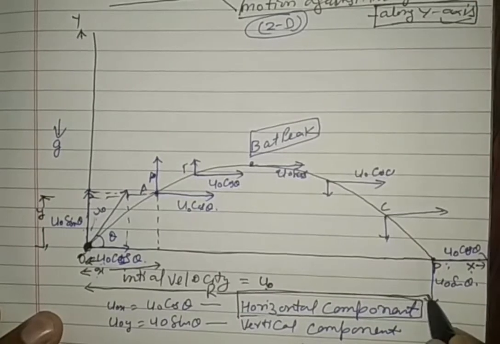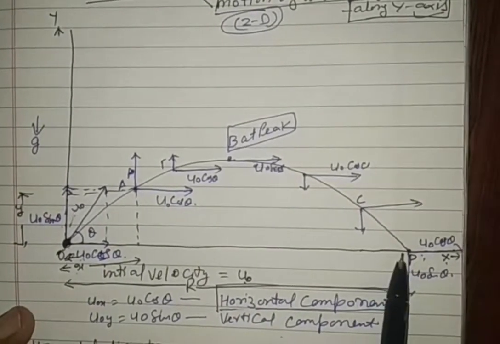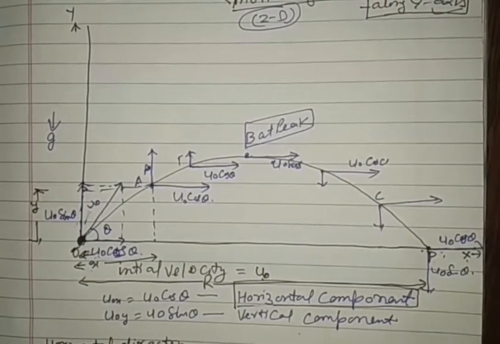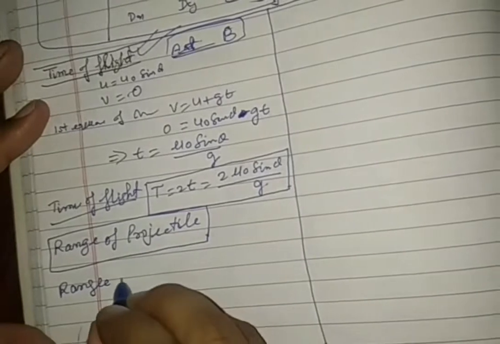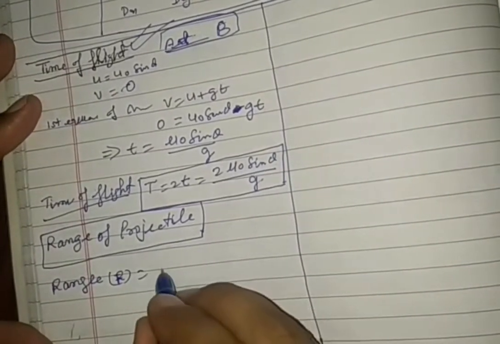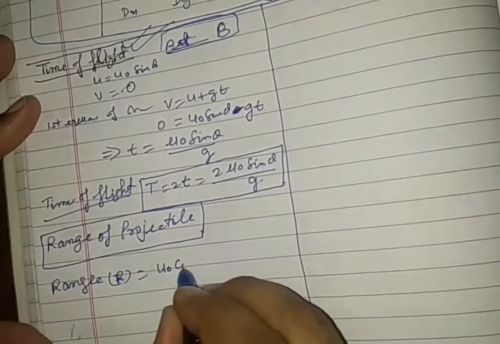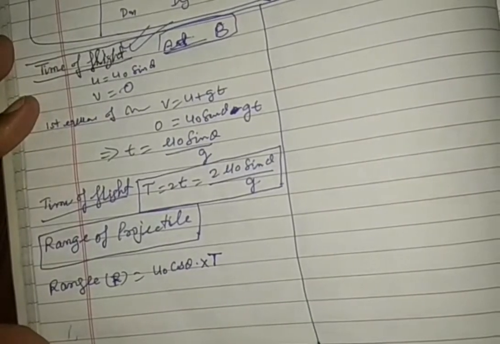It is in the direction of the horizontal axis, so no acceleration, no gravity is playing a role. The ordinary formula is used here to calculate the range. Range R is equal to velocity into time. This velocity is u naught cos theta. Time is the time of flight.